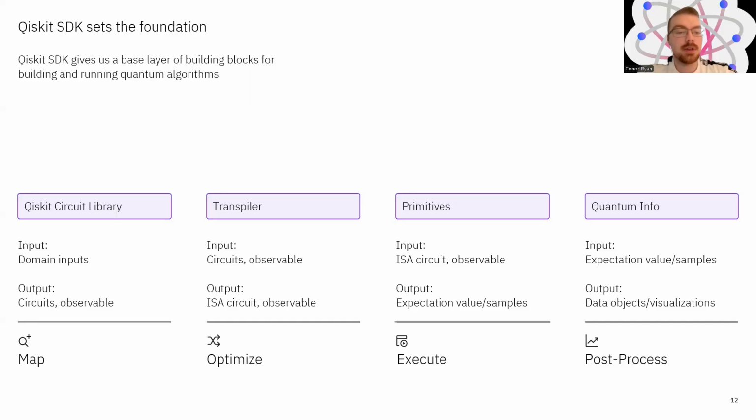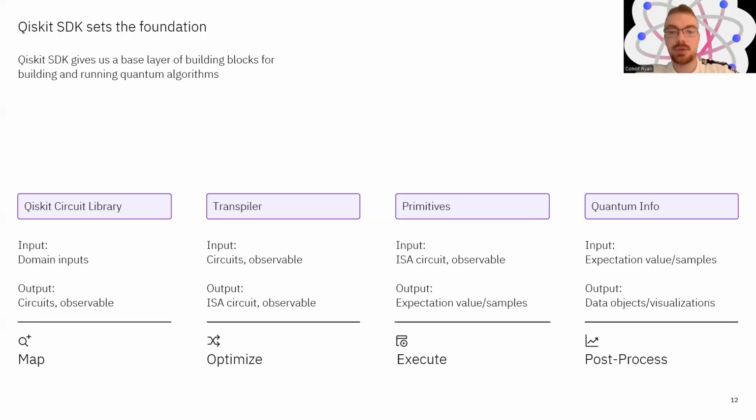And when it is done, you will return this ISA circuit, which stands for Instruction Set Architecture. So you've converted your circuit from having arbitrary gates, the instructions you wish to perform on the qubit quantum states, and you are setting it up in the architecture with the instructions that are available on the selected quantum device you want to test your simulation on.